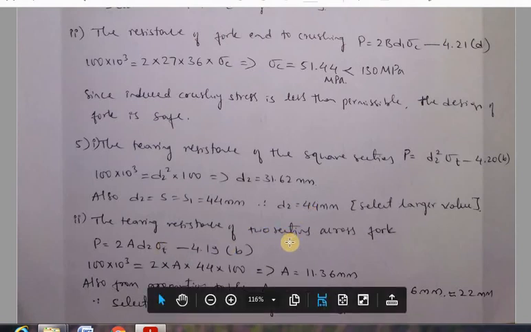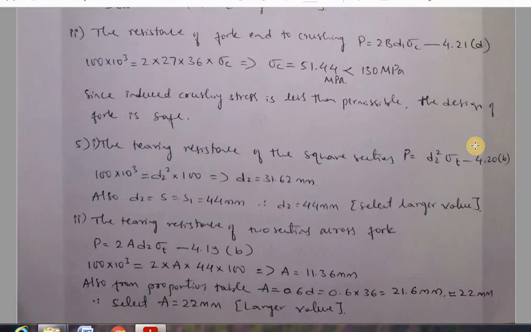Next we have tearing resistance of two sections across the fork, that is P is equal to 2 into capital A into D2 into sigma t, which is given by equation number 4.19d, and substituting the known parameters like load and value of D2 and sigma t, we calculate the value of A as 11.36 millimeter.